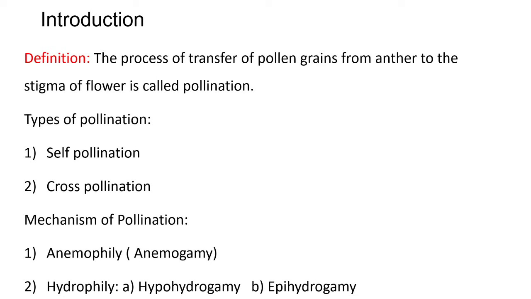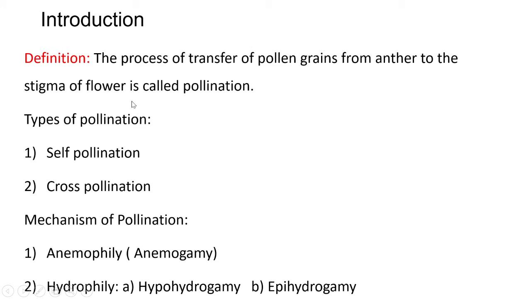Now let us see first of all the definition of pollination. The process of transfer of pollen grains from an anther to the stigma of flower is called pollination. The pollen may be transferred from the anther to the stigma of the same flower or different flowers.